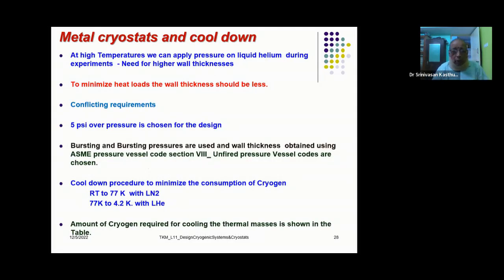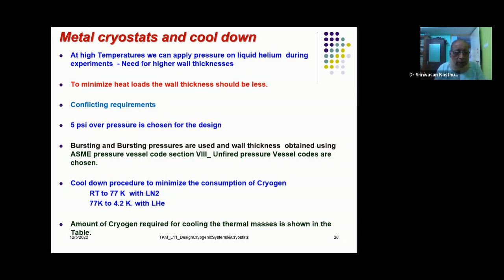Okay, what about the cool down of the metal cryostats? At high temperature, normally one has to apply pressure on liquid helium when doing the experiments, and therefore you require high wall thickness for the inner vessel. On the other hand, you have to minimize the heat transfer, so you require low wall thickness. These are conflicting requirements.